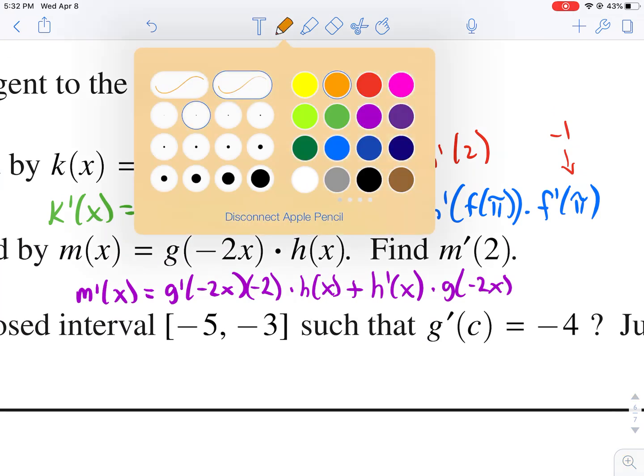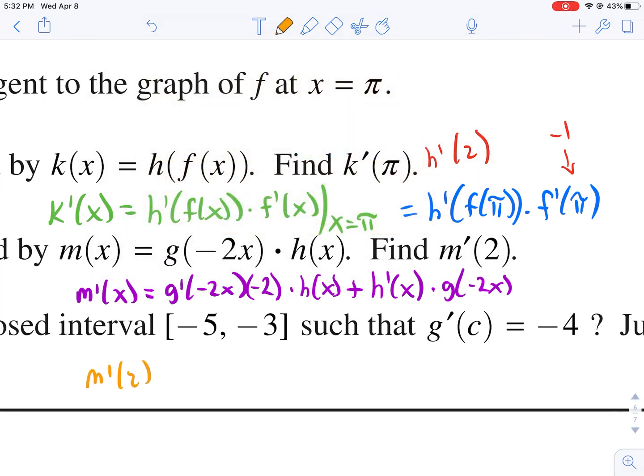And we've got to find that at 2. So m prime of 2 is equal to g prime of, I'm just plugging in 2 for all the x's in the purple, g prime of -4 times -2 times h of -2, plus h prime of -2 times g of -4.